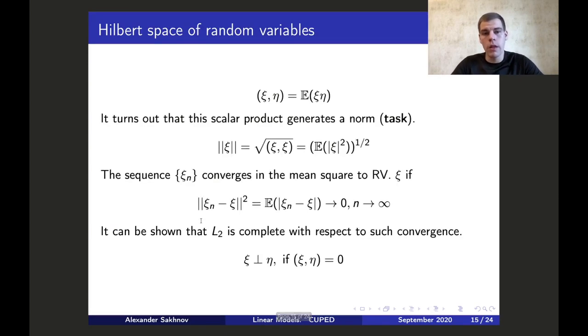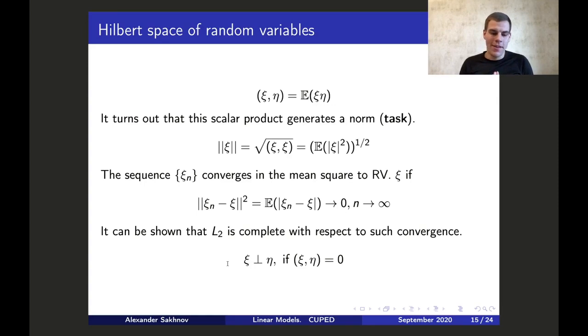Moreover, this scalar product generates a norm, and it can be shown that L2 is complete with respect to such convergence, so it's a Hilbert space. And also we'll say that two random variables are orthogonal if their scalar product is equal to 0.